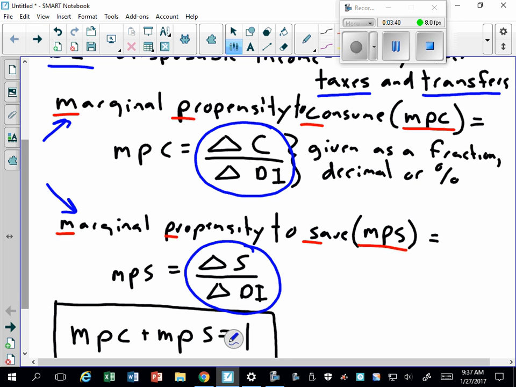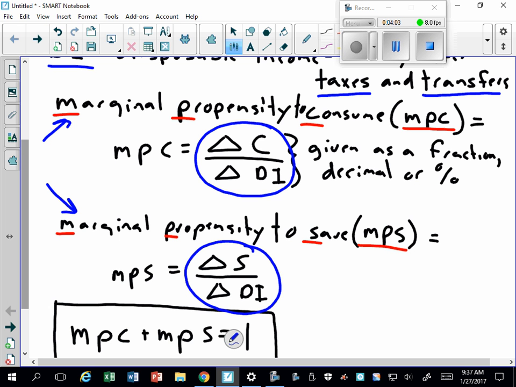You're going to deal with different changes as they arise. If you get a bonus at work for $1,000, what percentage of that bonus are you going to consume, and what percentage of that bonus are you going to save? Or let's say you get a tax refund or a tax break from the government for $1,000. What percentage of that are you going to consume? What percentage are you going to save?